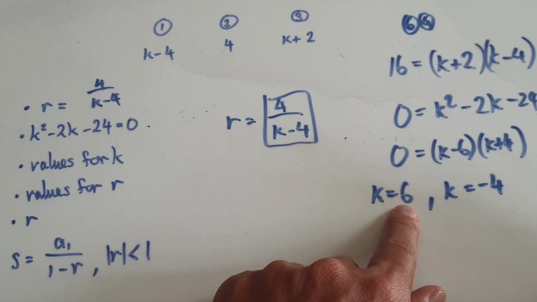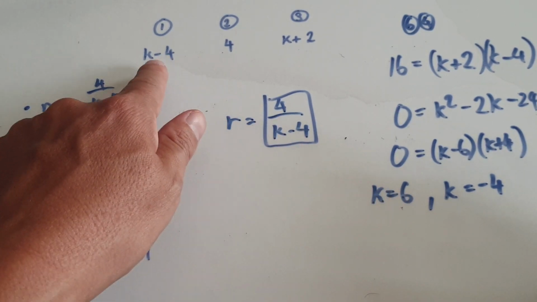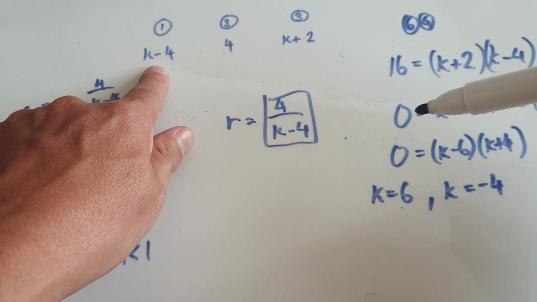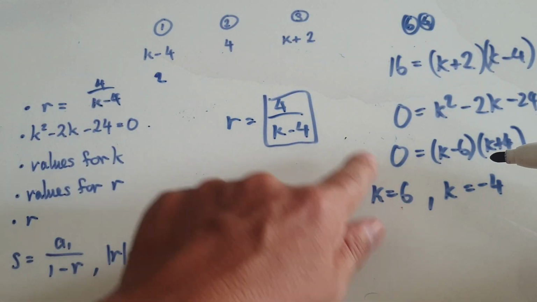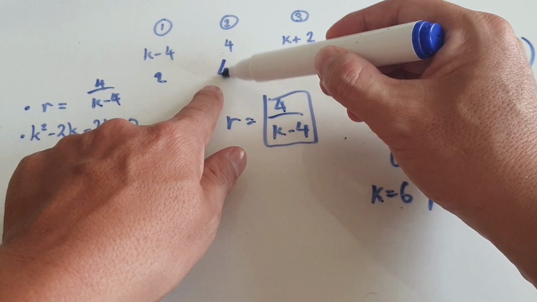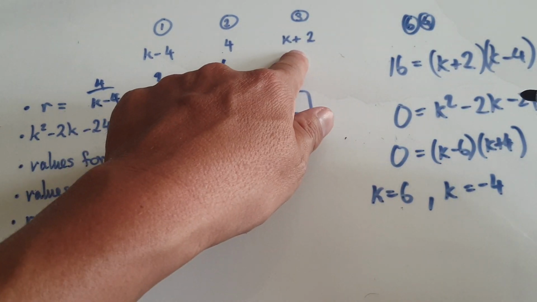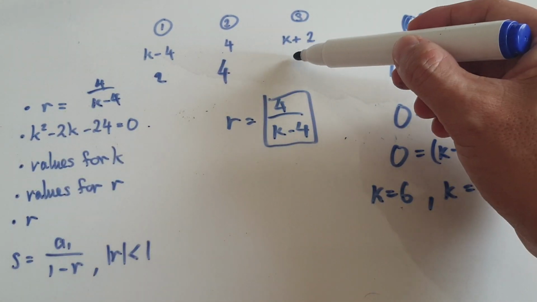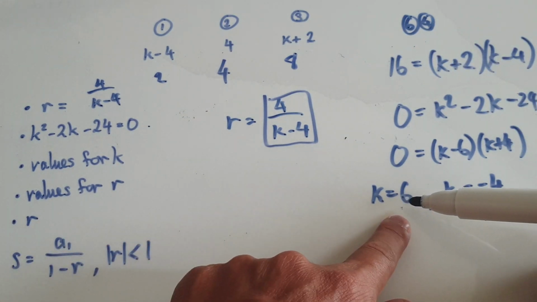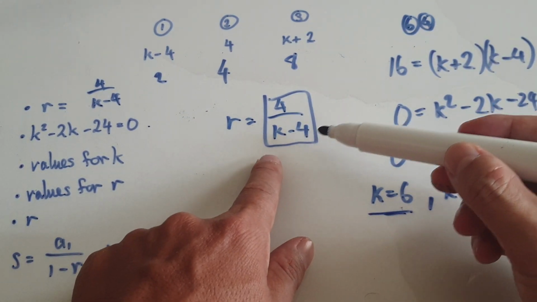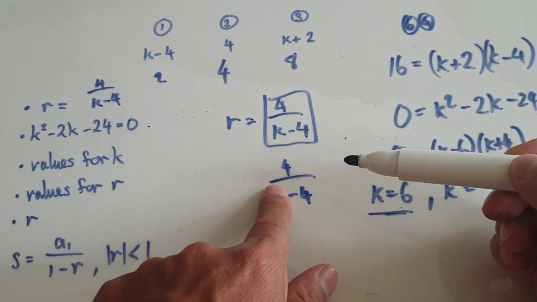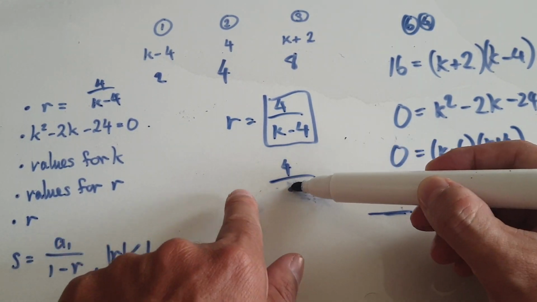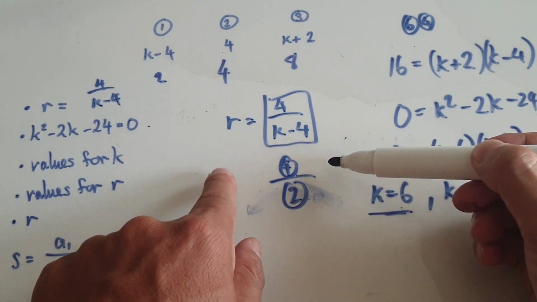So let's test it out to understand what's going on. If k is 6, let's put 6 into the k here. So the first term will be 2, and then 6 into here, it remains as a 4, and this would be 8 when you put 6 into the k. And the common ratio when k is 6 would be 4 over 6 minus 4. That would be 4 divided by 2, which in turn leads to 2.